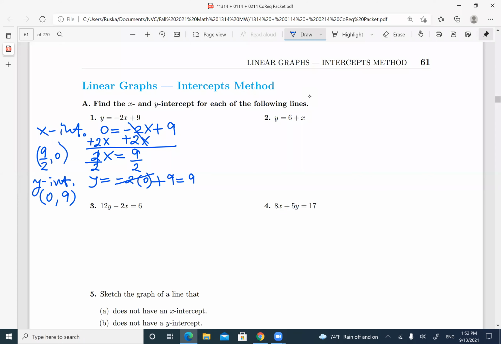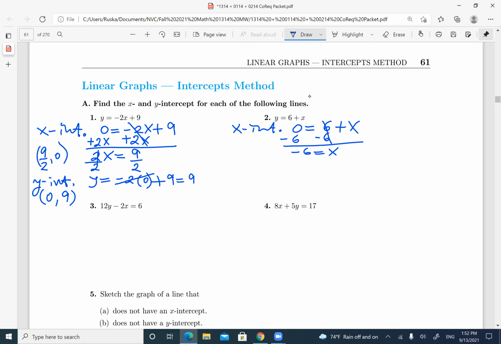We have y equals 6 plus x. So finding the x-intercept, I'm going to put 0 for y. So it's going to be 0 equals 6 plus x. In order to get x, I'm going to subtract 6. And that will give me -6 equals x, right?